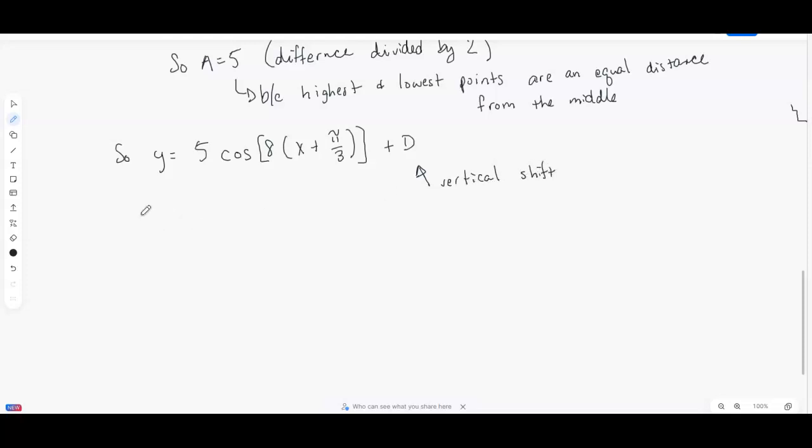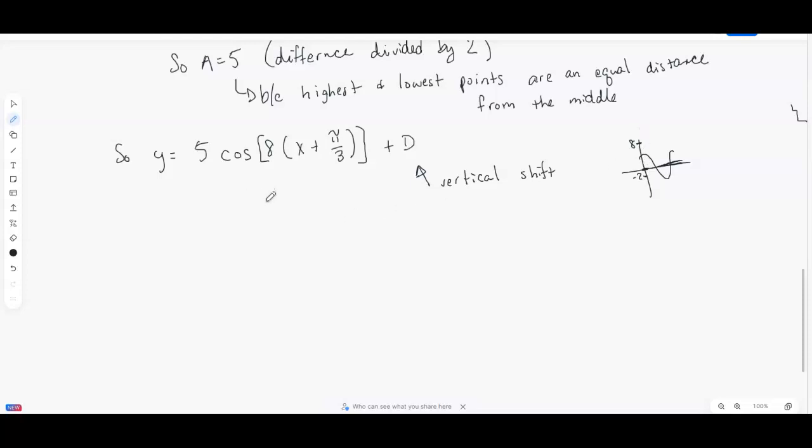Okay. So normally, we start with the midline being y equals 0, right? But we've shifted this, and I know that because my highest point now is 8 and my lowest point is negative 2. So we've definitely gone up some, right?